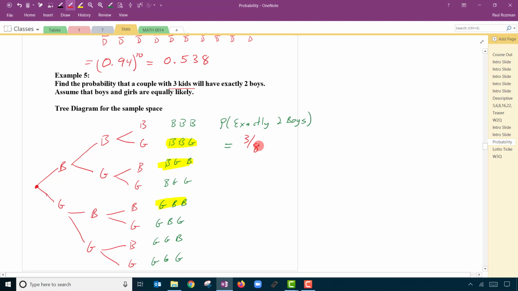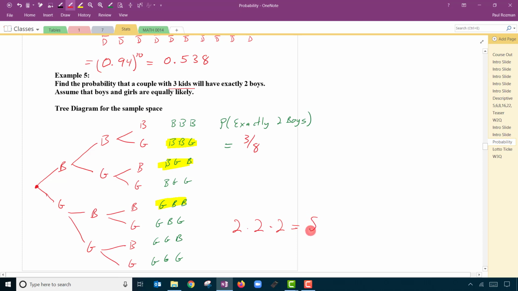How might we do this using our counting techniques? It would be tough. I think it'd be pretty easy to say how many families you can have. To get the 8 is not too hard to count. You have 2 choices for your first kid, 2 choices for your second kid, and then 2 choices for your third kid.